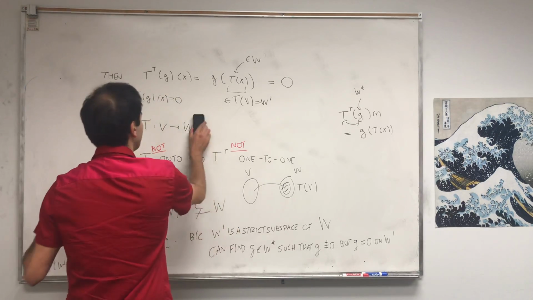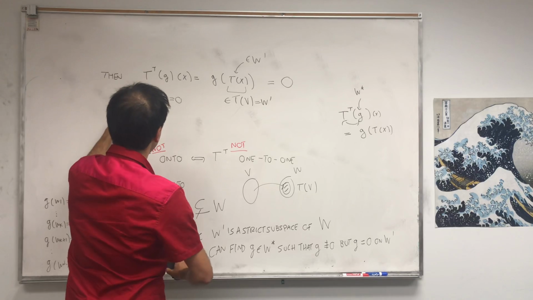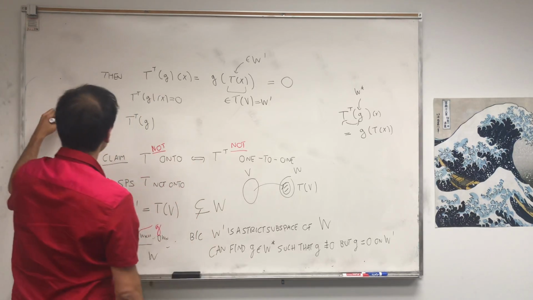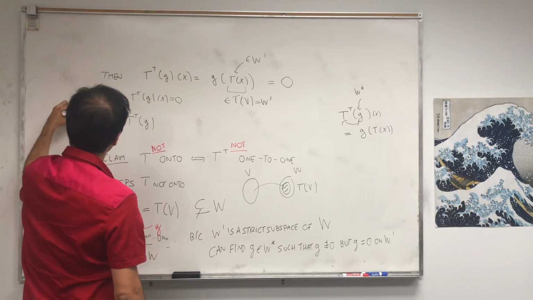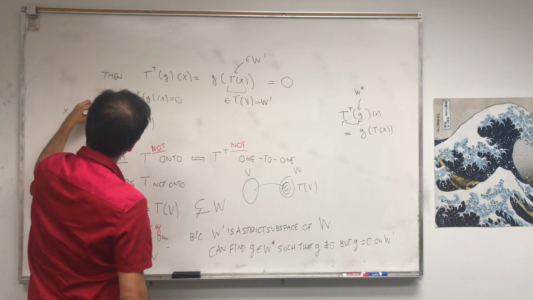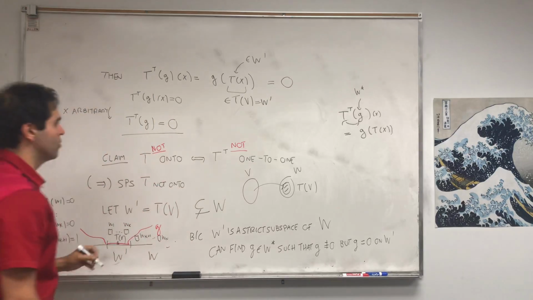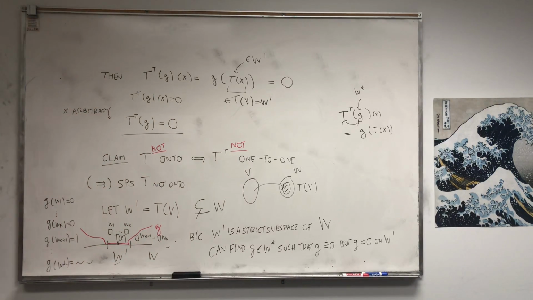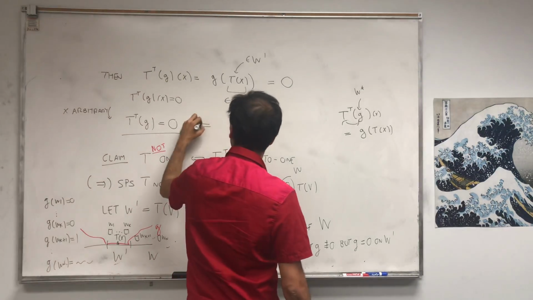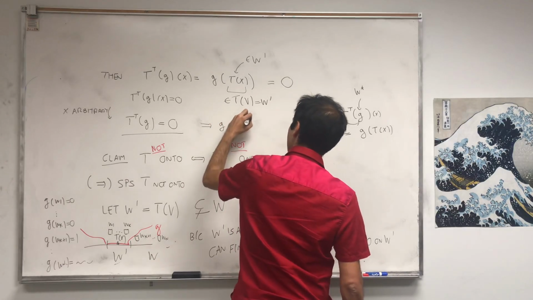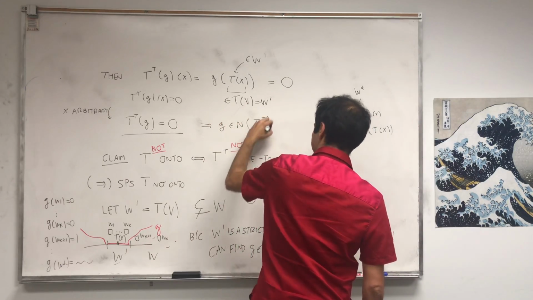So T transpose G, because X is arbitrary, T transpose G is just the 0 functional. So in other words, this G is in the null space of T transpose.